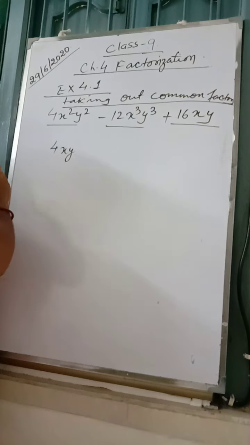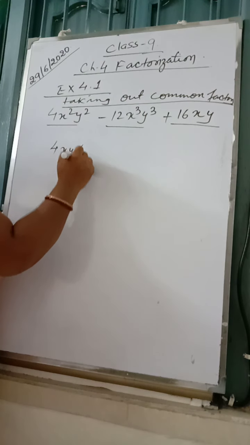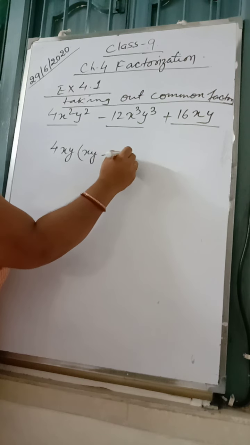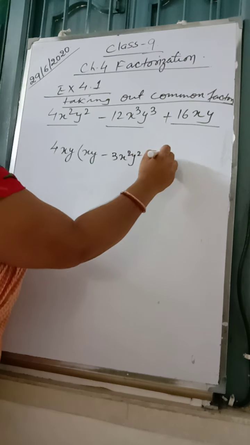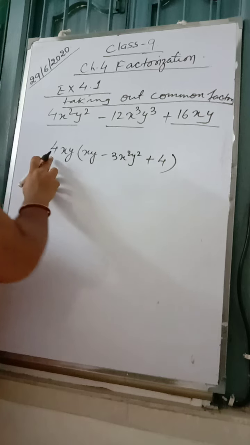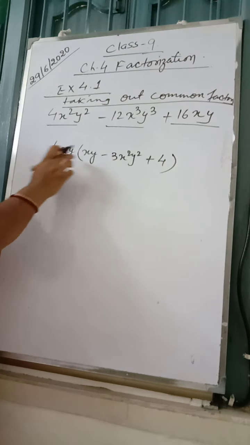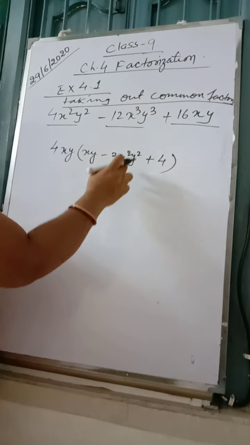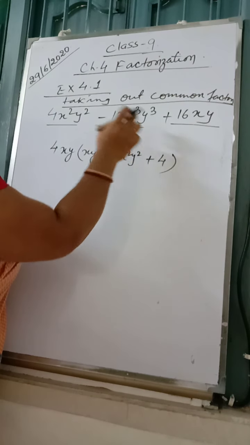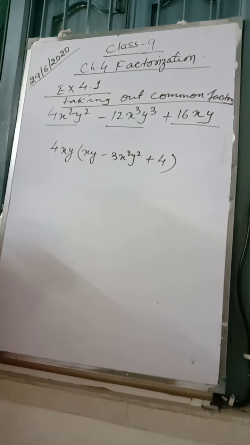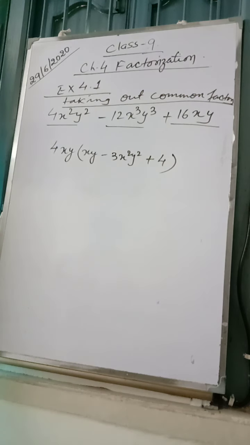We can take x and y from everywhere. So what am I left with? Here I am left with 1xy. Here I am left with minus 3x square y square. And here I am left with 4. Because 4xy into xy gives you 4x square y square. 4xy into minus 3x square y square gives you minus 12x cube y cube. And 4xy into 4 gives you 16xy. This is called taking out common factors.